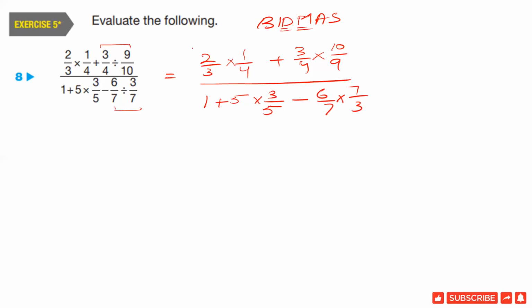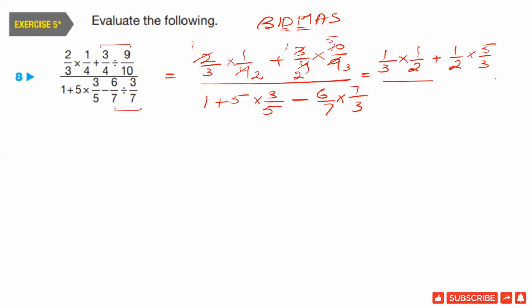So now 2 times 1 is 2, 2 times 2 is 4. We are having here 1 upon 3 times 1 upon 2 plus 3 times 1 is 3, 3 times 3 is 9. 2 times 2 is 4, 2 times 5 is 10. So we will be writing here 1 by 2 times 5 by 3.